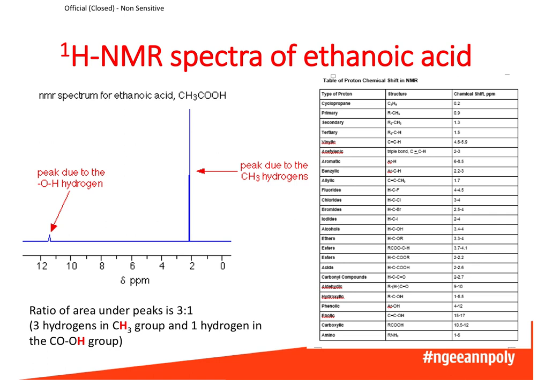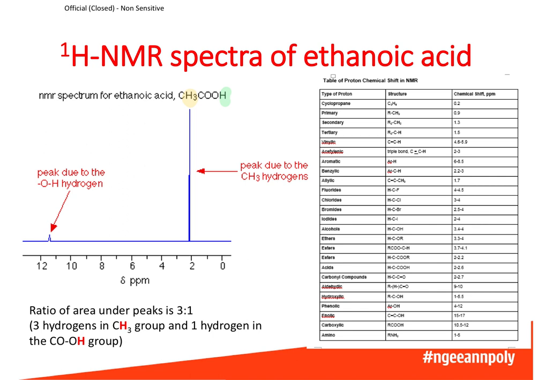Now let's interpret the proton NMR spectrum of another compound, ethanoic acid. If we look at the structure of the compound, we can see that there are hydrogen atoms in two different chemical environments. There are three hydrogens that are bonded to a carbon atom, and there is another hydrogen in the COOH group.